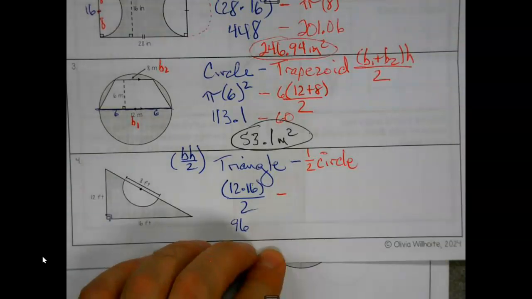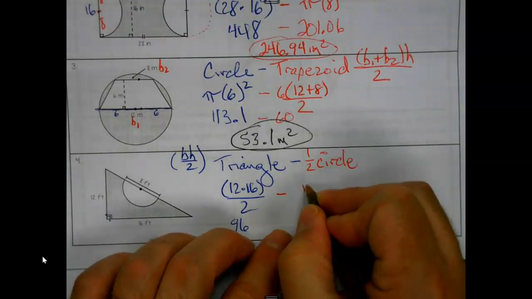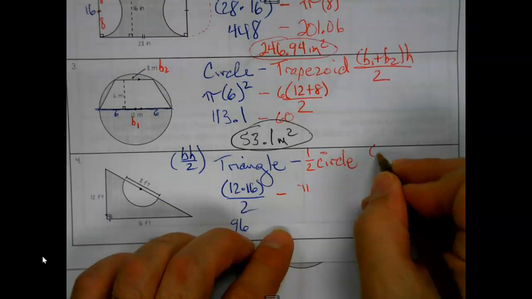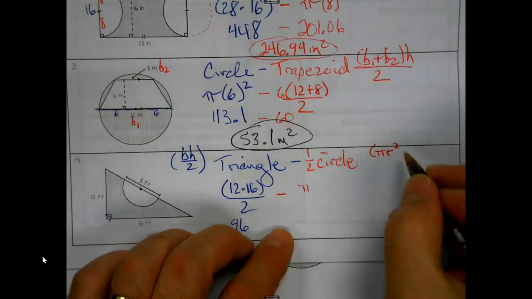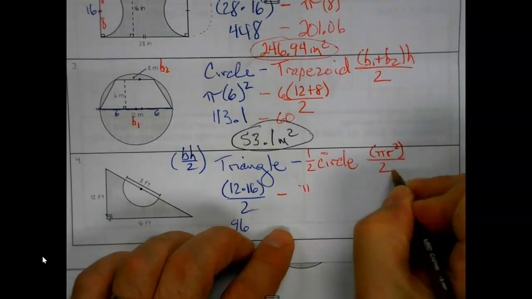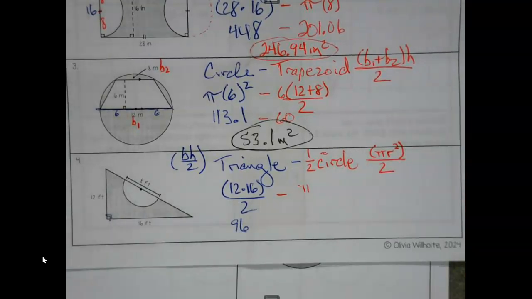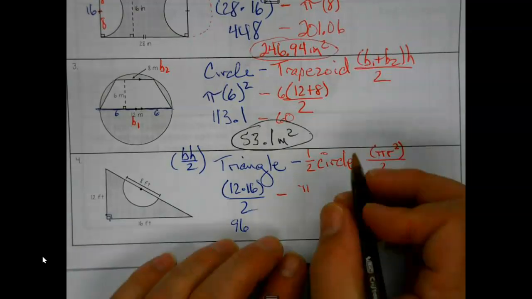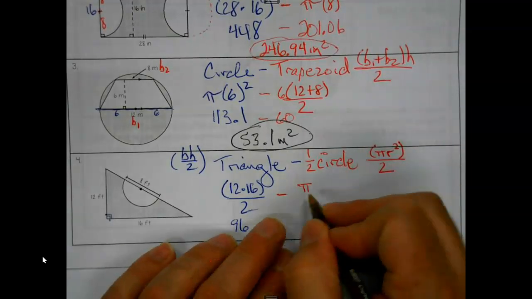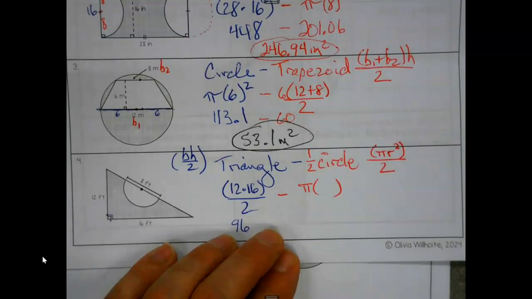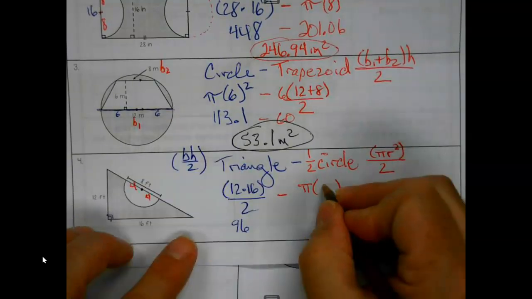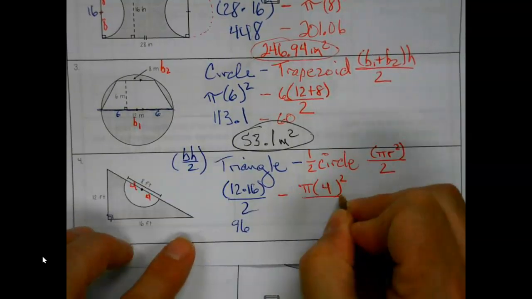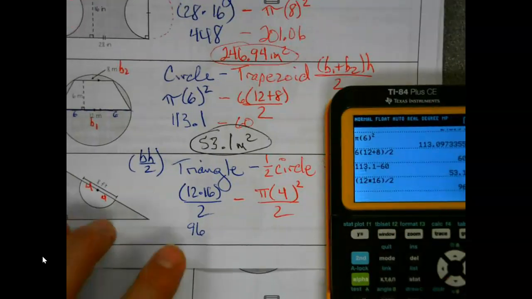And then my circle, we know is pi r squared, but since we only want half of it, we're going to divide by 2. So pi, what's my r this time? 4. 4, nice. So let's see here.